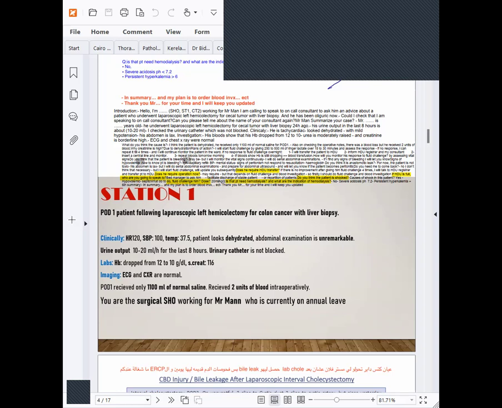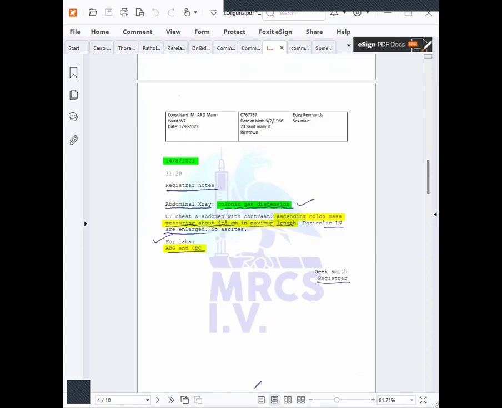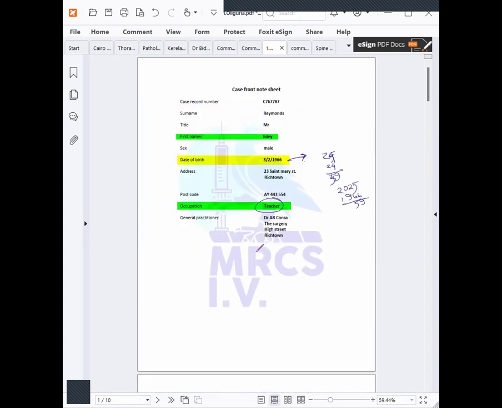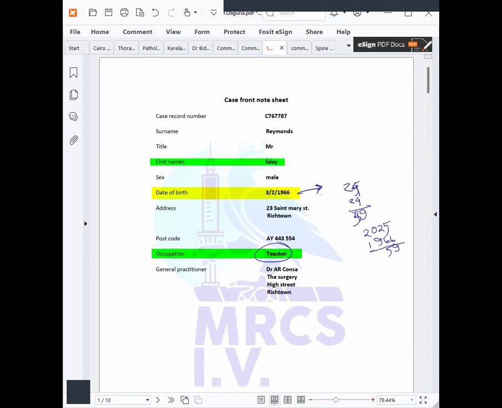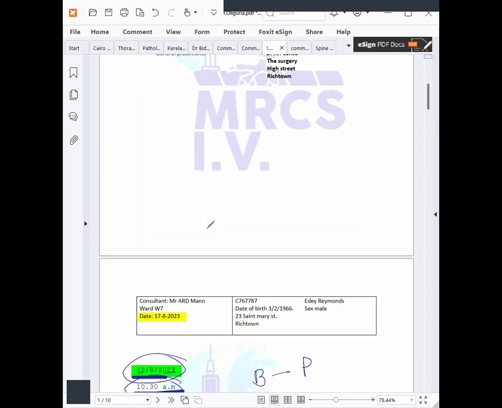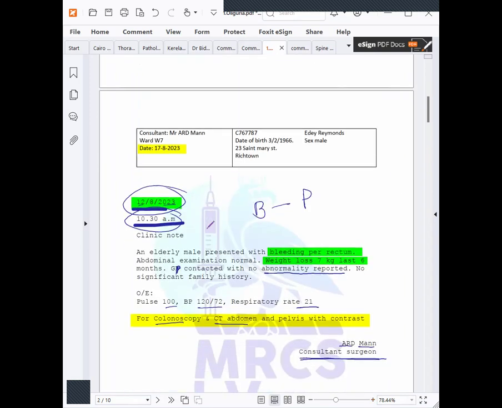This summary we actually have to prepare ourselves. In the exam stem, it will not be given like this. They will give a big file, a different type. It will be something like this, and there will be 9 minutes given. In these 9 minutes, you have to go through all the pages very rapidly and make your own note.